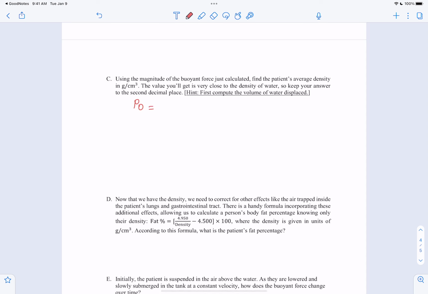Let's just call that the object, and that's what we're trying to figure out. So what equation relates the density of the object? Because we know the density of the fluid, that should be the density of the water.